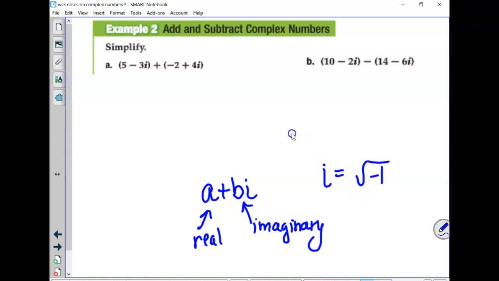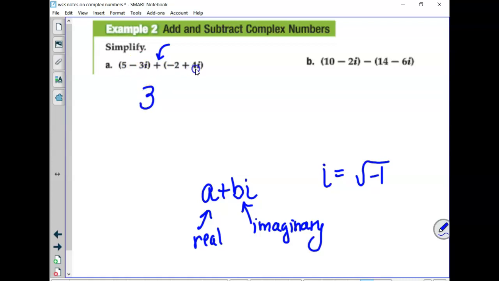Okay? But when you have to add or subtract things with imaginary numbers, complex numbers, you just treat I as a variable. So for this example, what would you do? It is an adding example, not a multiplying example. So add like terms and we get what? The real part plus the real part adds up to 3.